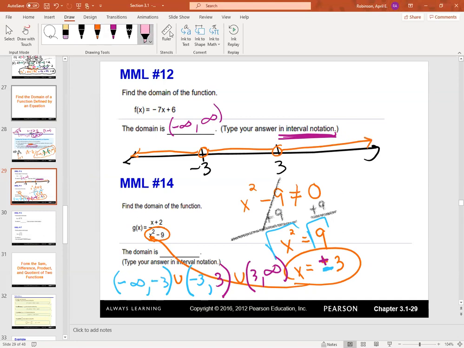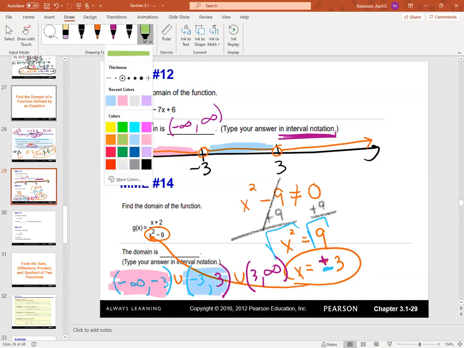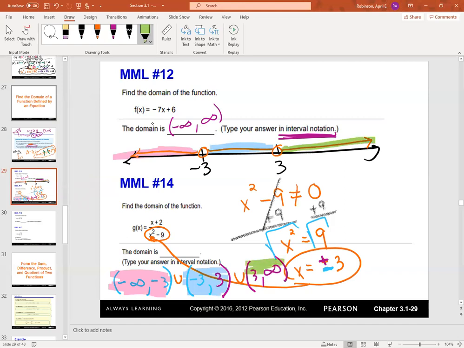So it's kind of like if I highlighted it, this part is this interval. This part is this interval. And this part is this interval. There's 3 intervals there. Going from negative infinity up to negative 3, going in between negative 3 and 3, and then going from 3 to infinity.